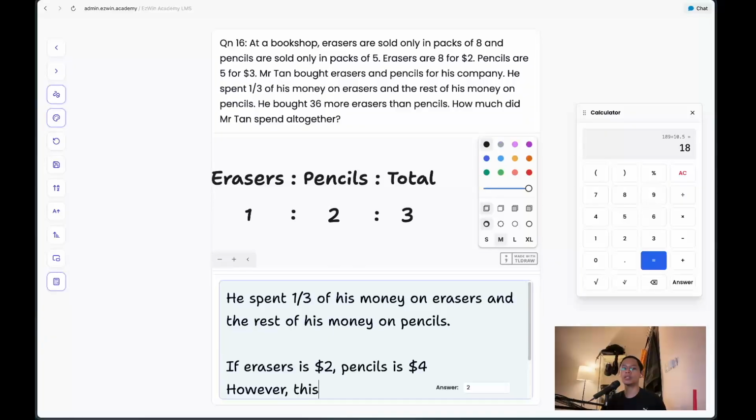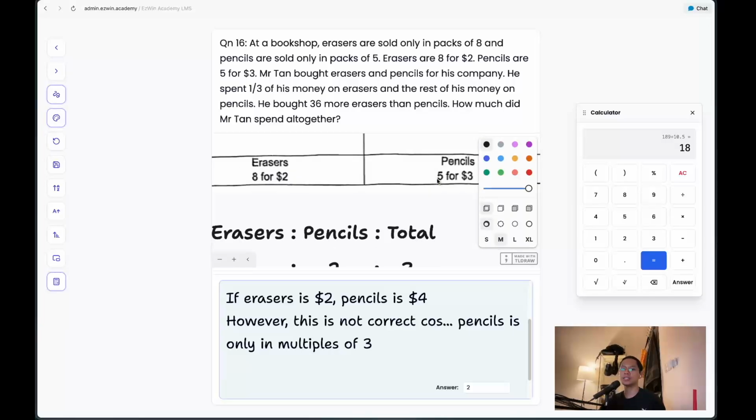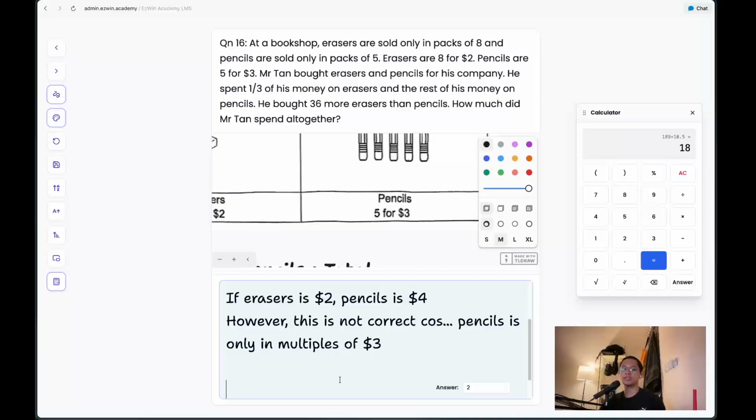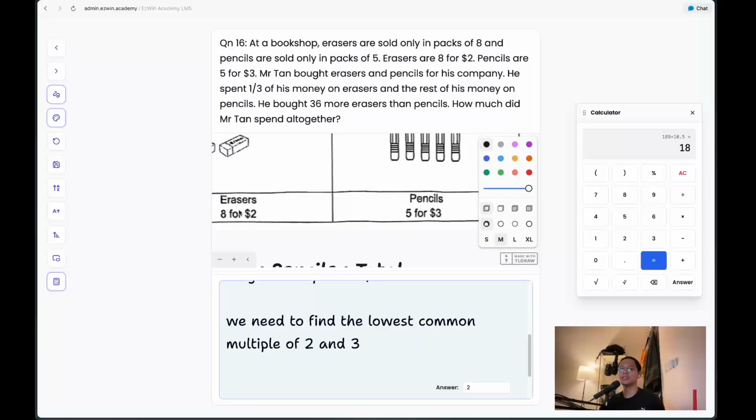However, this is not correct because pencils are only in multiples of 3, because pencils are $3, right? So from here, we need to find the lowest common multiple of 2 and 3 because erasers are $2 and pencils are $3.